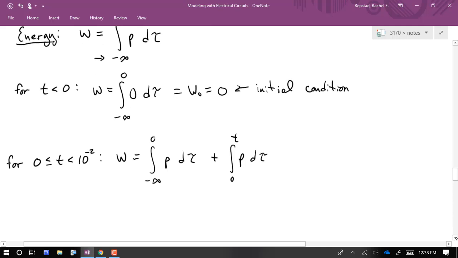These two integrals together give us the integral from minus infinity up to t, which is what we want to get a function that's valid on this interval. Now this first integral we know is 0.